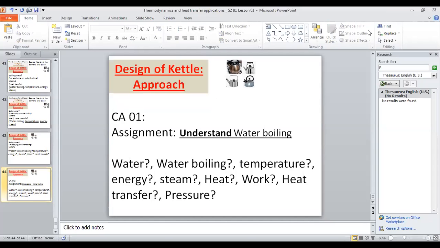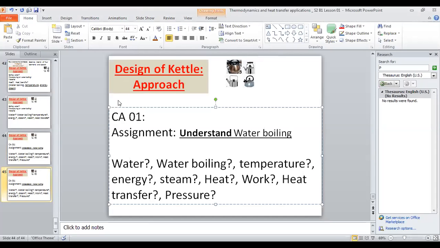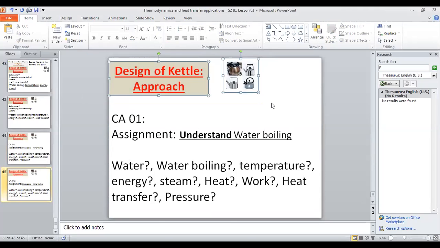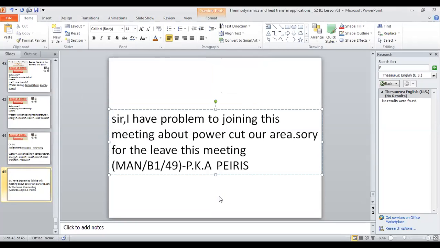You also have to appreciate one student here. So let me appreciate him as well. He excused himself from the class, mentioning it this way.